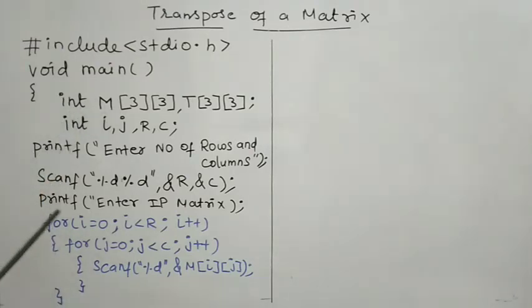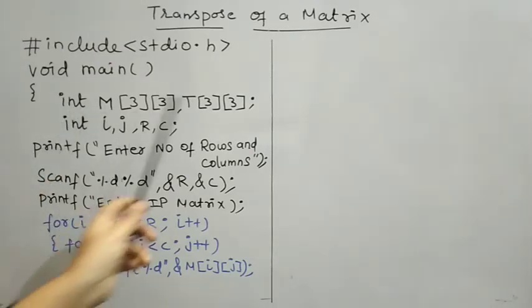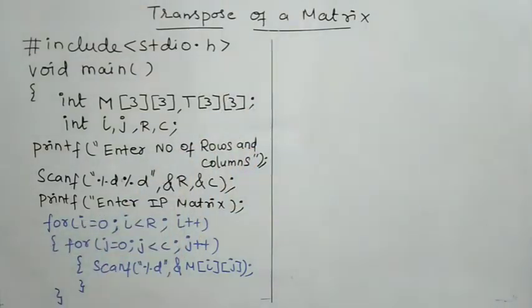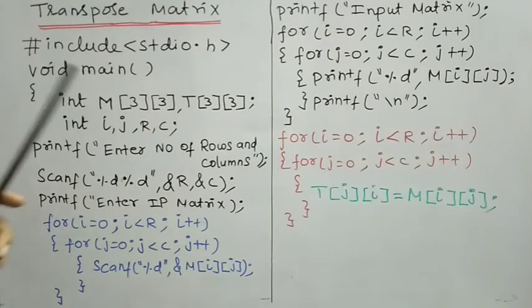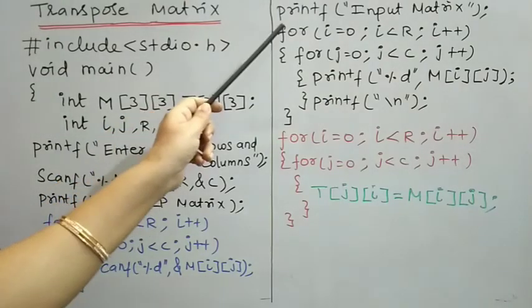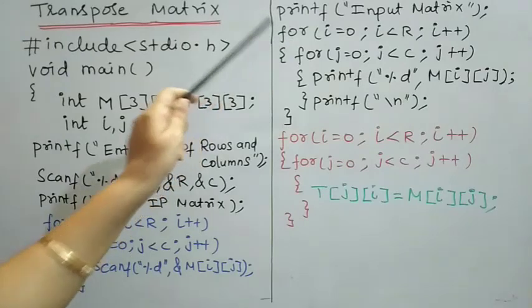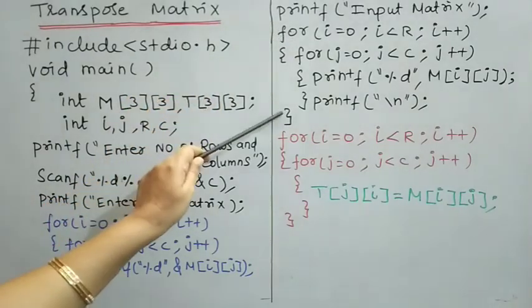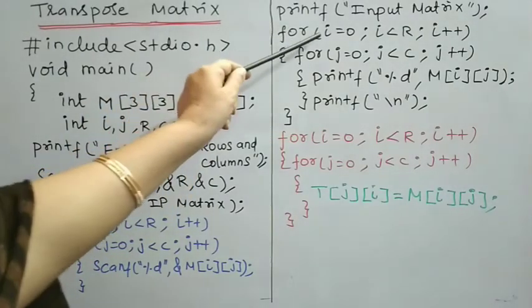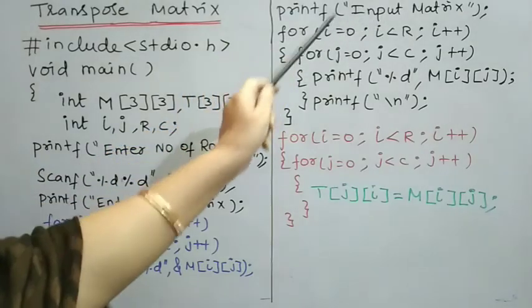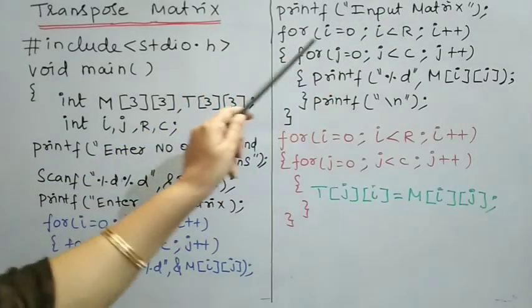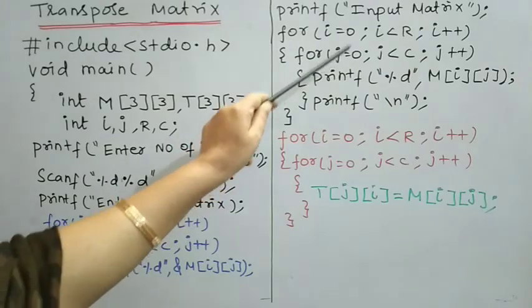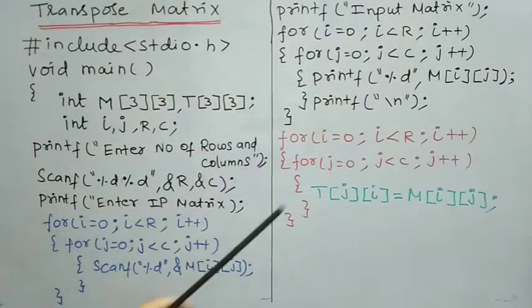After getting values of the input matrix, you are supposed to print the input matrix in matrix format before we start converting it into the transpose matrix. We are printing the values of the input matrix in matrix format using this nested for loop. The outer for loop varies the index position of rows from 0 to R. The inner for loop varies the index position of column from 0 to C minus 1.